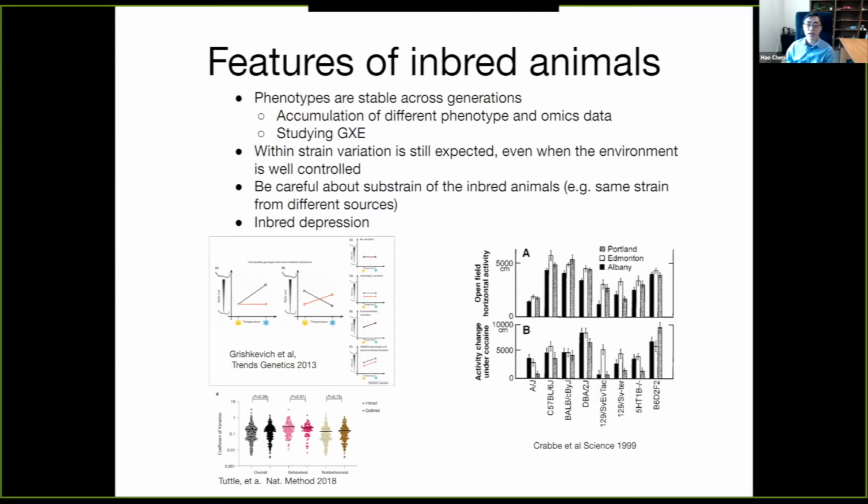Almost anything they could think of, they standardized. And then they did this experiment at 3 different locations. And the results came back with the confirmation that indeed each inbred strain, here they have 8 inbred strains, has stable phenotypes in 3 different locations.